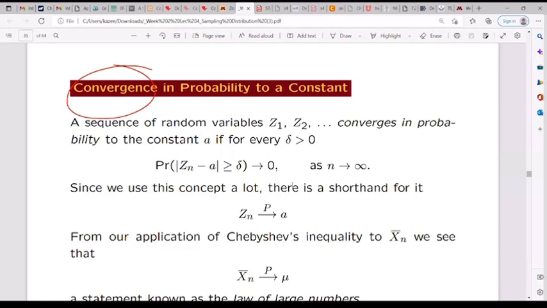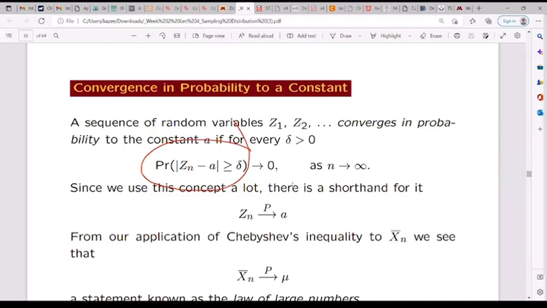And we are targeting A, and we have a sequence of Zn. Before we can actually say Zn converges to A as n tends to infinity, we want to look at the probability of the absolute difference between the sequence and a constant A being greater or equal to delta.